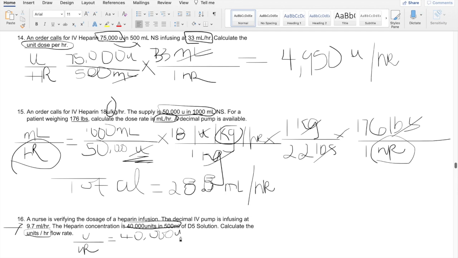So if it's units per hour and I'm starting off with units, I'm going to try to find the units in my word problem and place that right above the 500 milliliters. Now I'm going to times that by 9.7 milliliters.